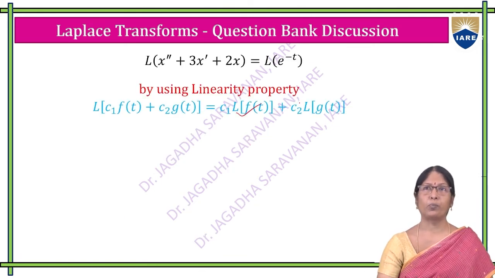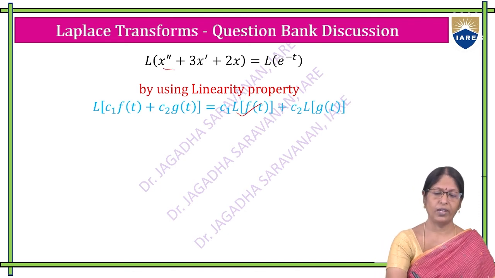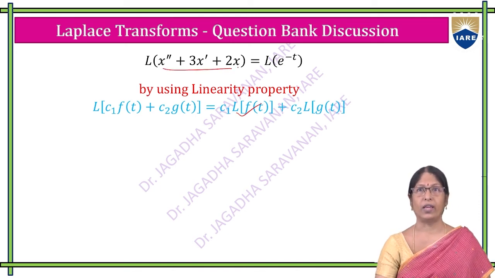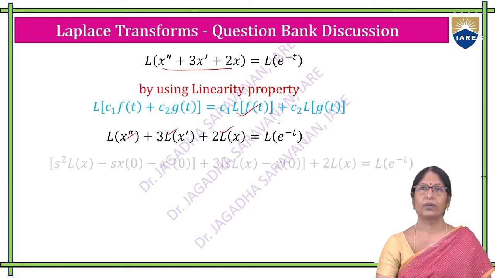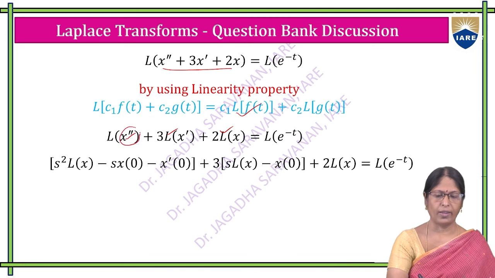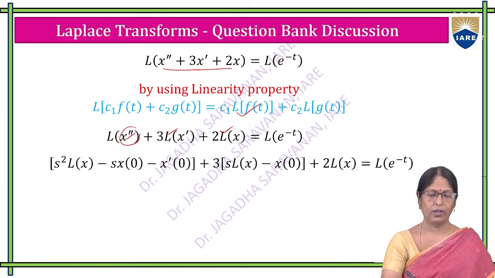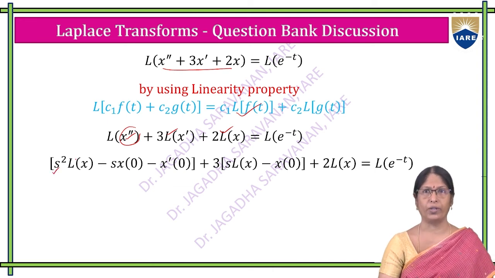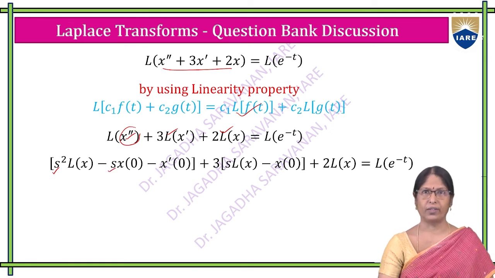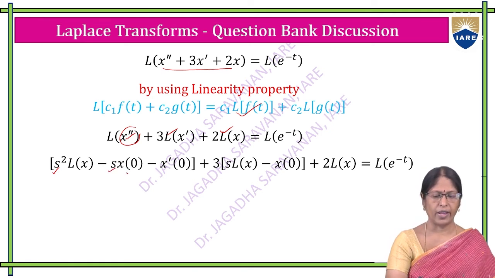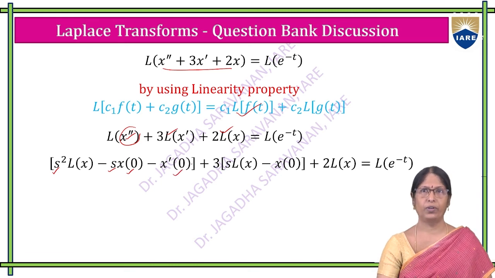By the linearity property, there are 3 terms, so we can write L of each term. Here we apply the derivative formula; since the second derivative is there, we start from s square. We can notice s keeps on decreasing: L of x, x of 0, x dash of 0. Did we apply the formula in the correct way or not?